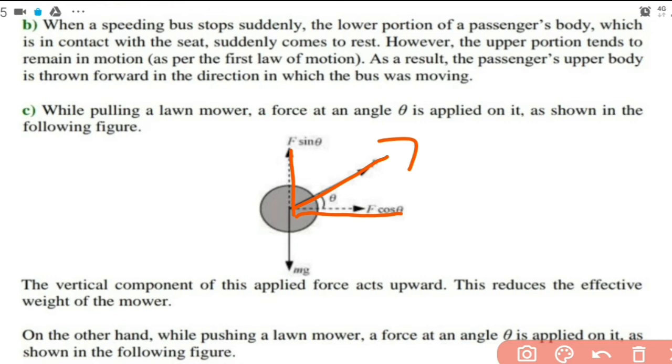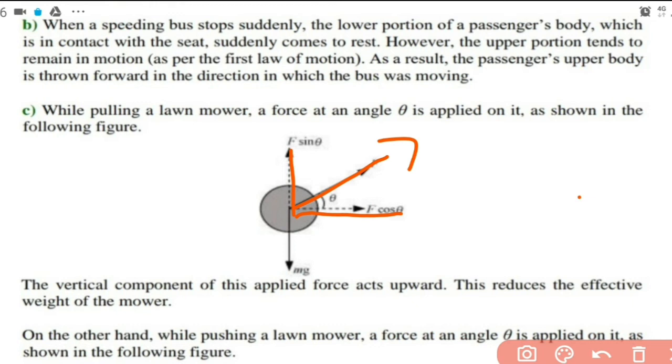So the net force in the vertical direction becomes mg minus F sin theta. The effective force in the downward direction decreases with the presence of F sin theta in the upward direction, so we need to apply only a small force in pulling.